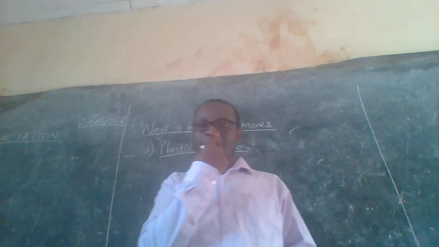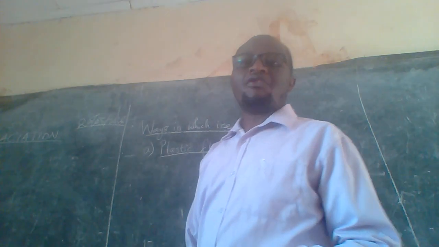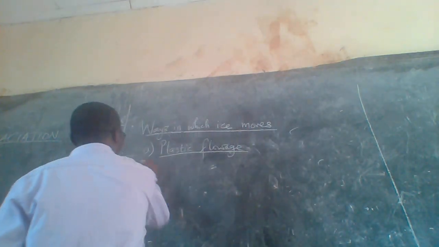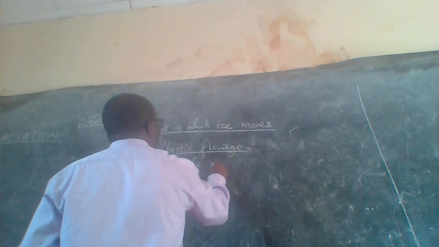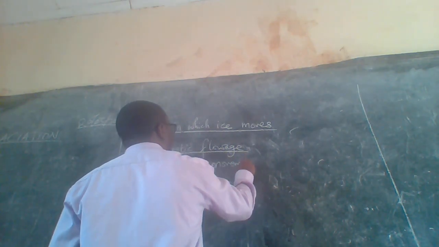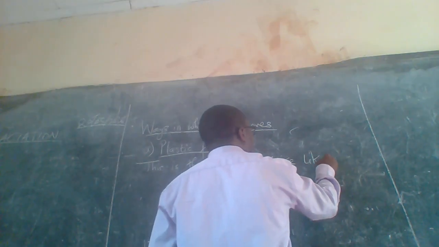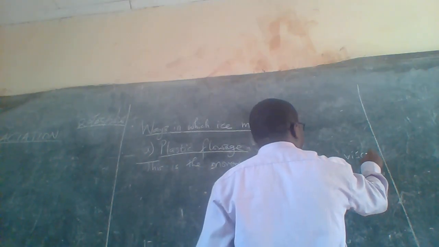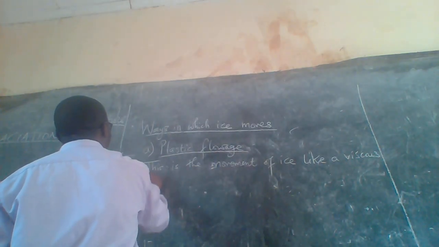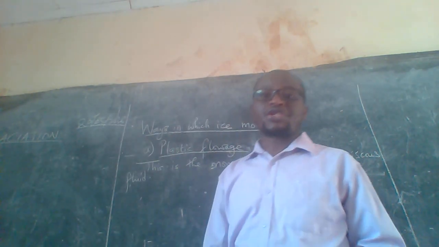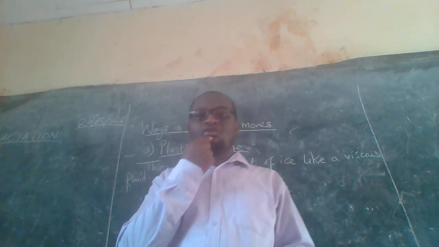So plastic flowage is the movement of ice like a viscous liquid. This is the movement of ice like a viscous fluid. That is what is referred to as plastic flowage.